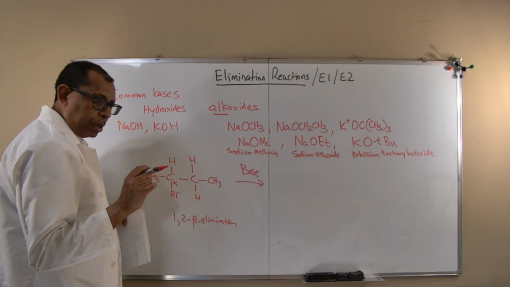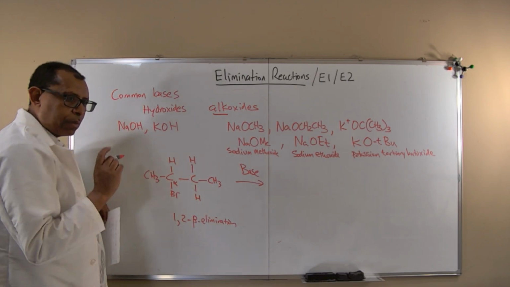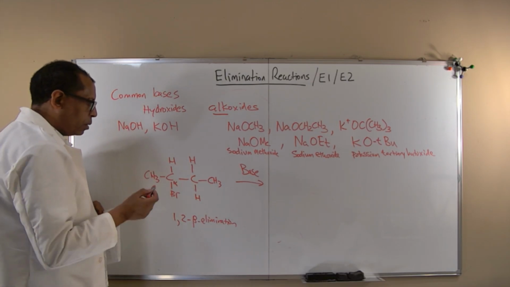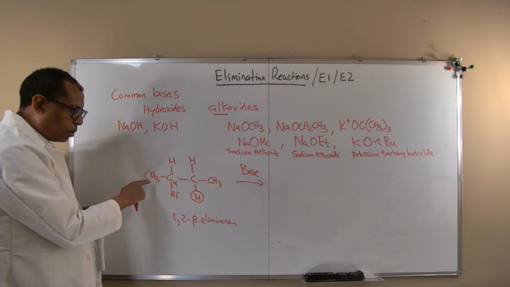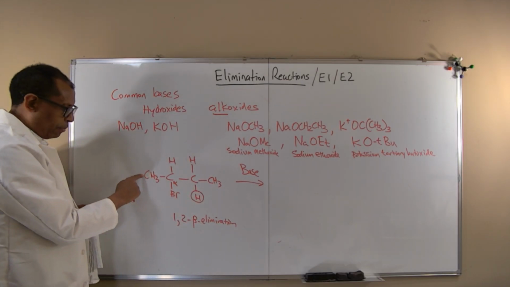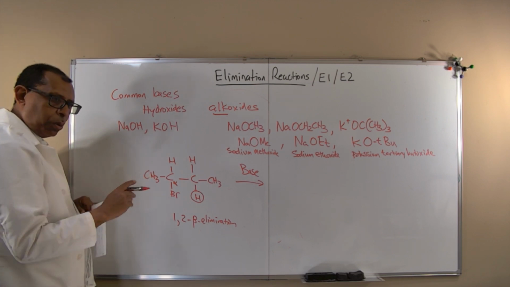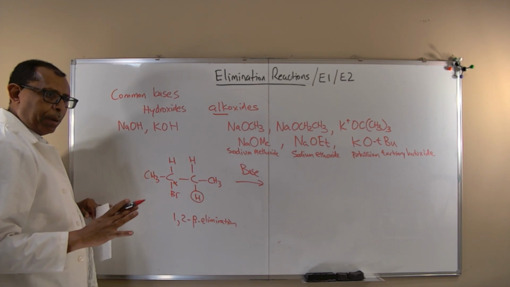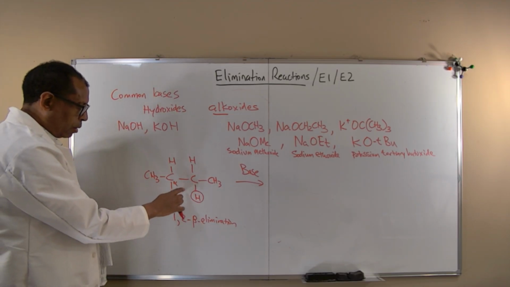Now, be careful. In this example, you have 2 positions for the beta hydrogens. One of these can be possible, and also, if you just look here, one of these hydrogens also could do the reaction. So you would get 2 different compounds in this elimination reaction. Let me do the first one.